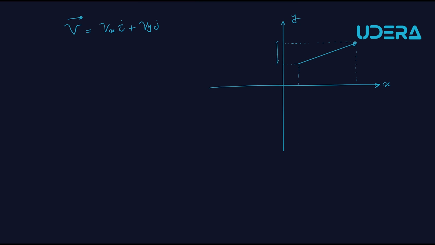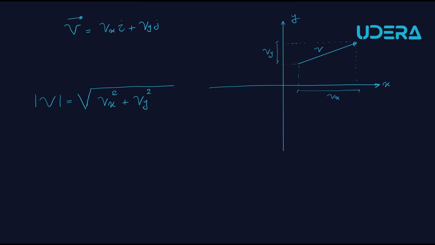So this is Vy and this is Vx and this is V. To find the magnitude of V, which is usually written in this way inside the absolute symbol, the same formula is utilized: the square root of Vx power 2 plus Vy power 2.